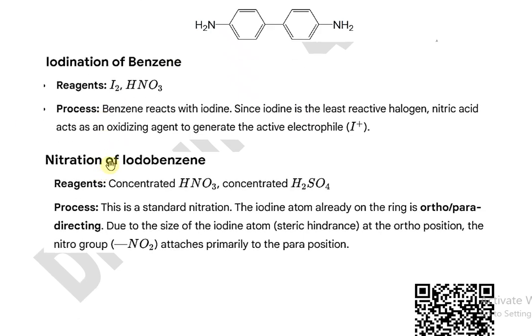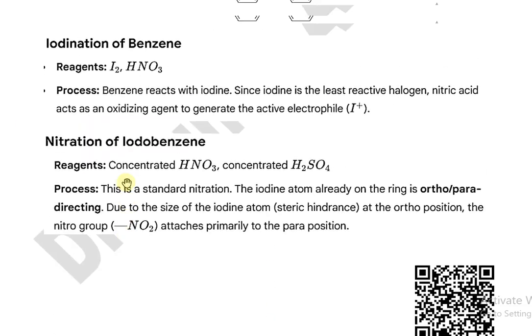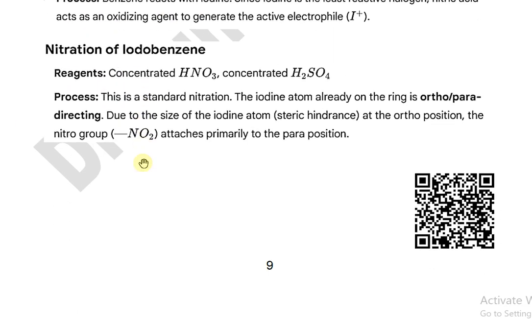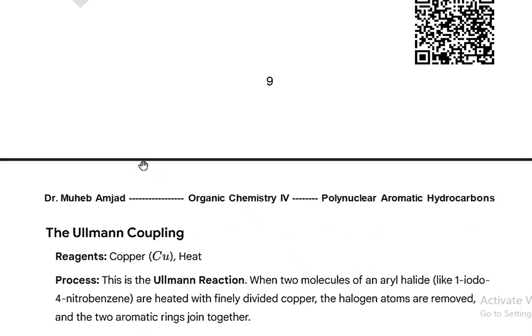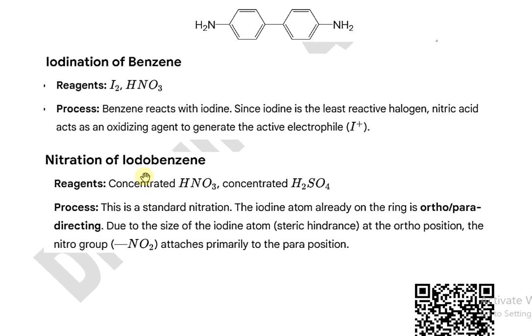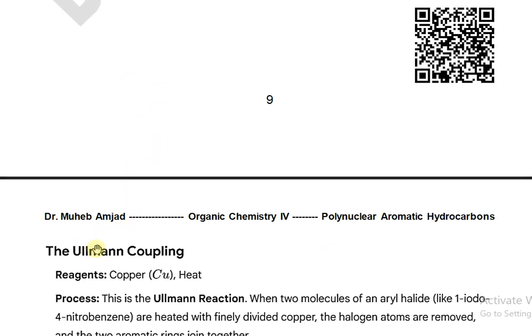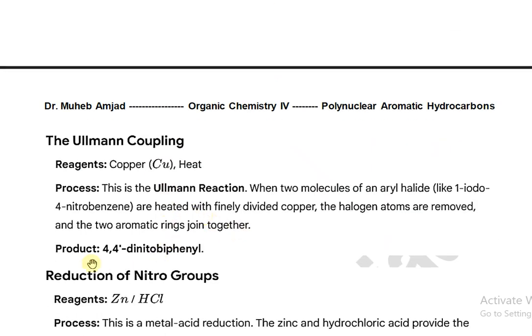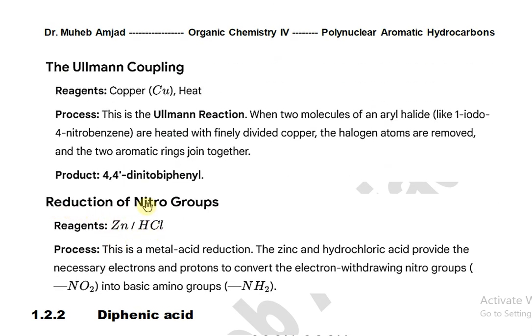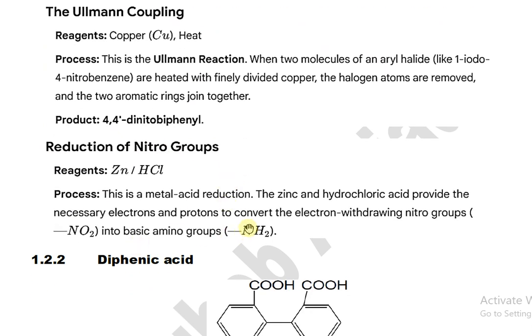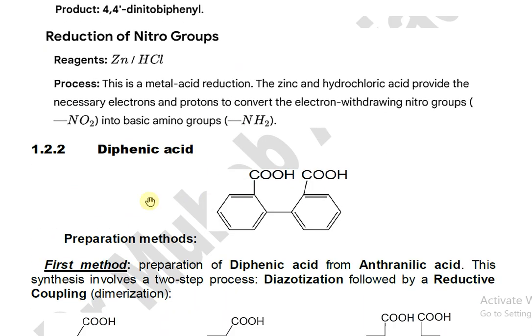So iodination, nitration, and there is more explanation here if you want to look at it. Here we have the Ullmann coupling reagent, and finally reductions of the nitro group to convert it to the NH2 group.